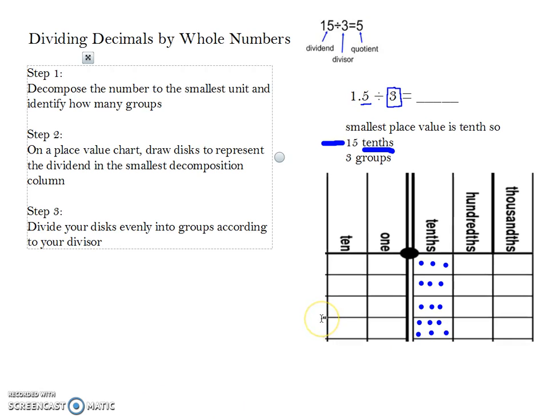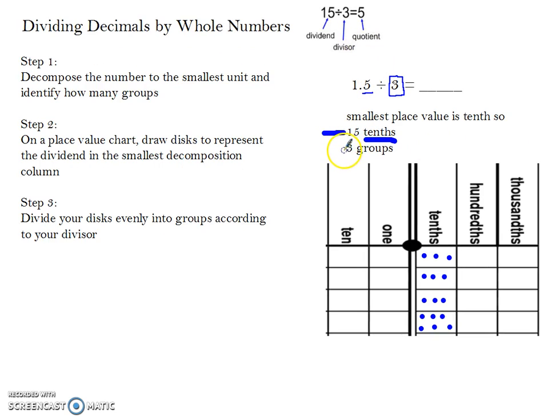Step 3 is you're going to divide your disks evenly into groups according to your divisor. My divisor was 3, so I know that I'm going to be making 3 groups. Here's one group.